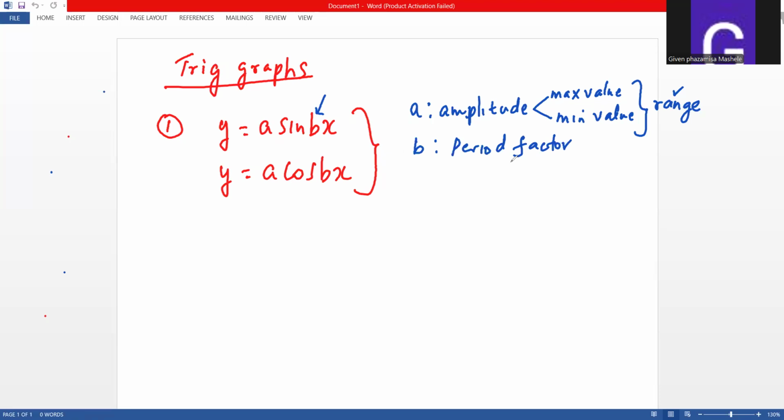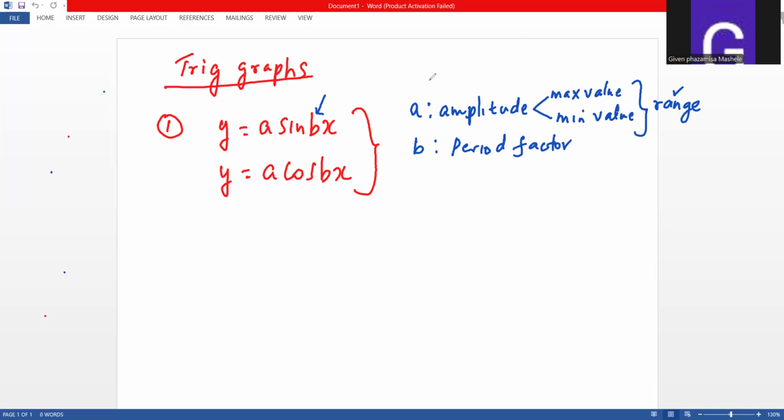So we use this b to determine the period of a function. When we talk about a period of a function, we are referring to the number of degrees in which the graph will have a full cycle or a complete revolution. That is called the period.